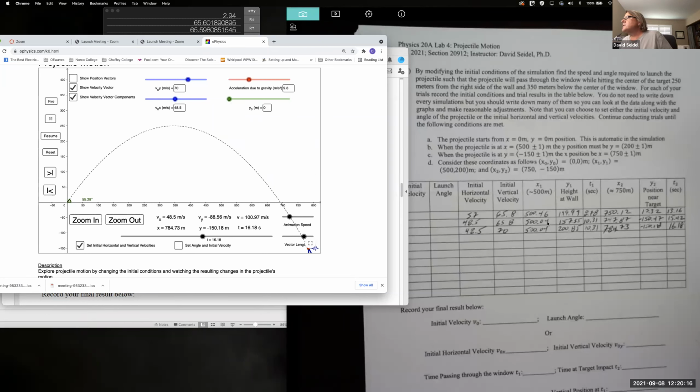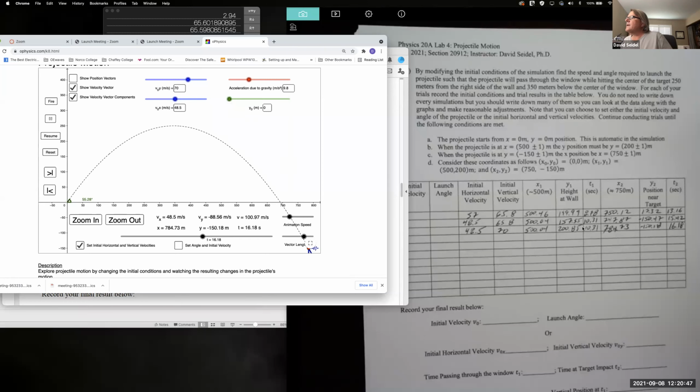So I adjusted my Y velocity, and then adjusted my horizontal velocity, and I changed my time here. So I set up Y2 at minus 150 and adjusted my horizontal velocity to meet the 750.